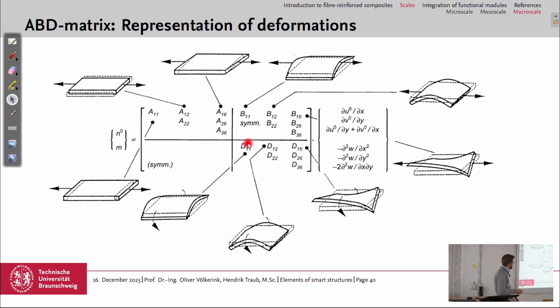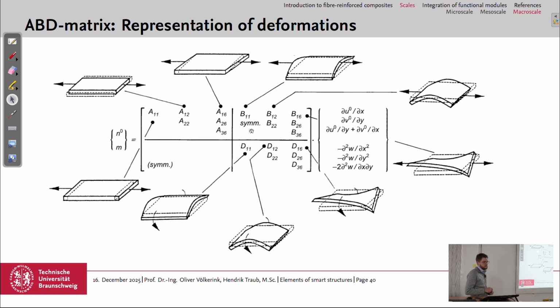We have here on the diagonal the plate stiffness. So how does it behave under bending in the different directions? And what is, I think, interesting is the B matrix, which is the coupling matrix.